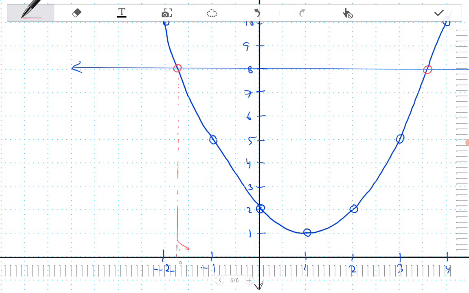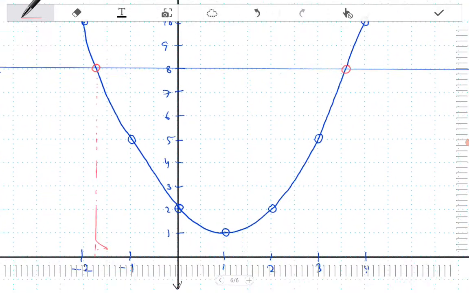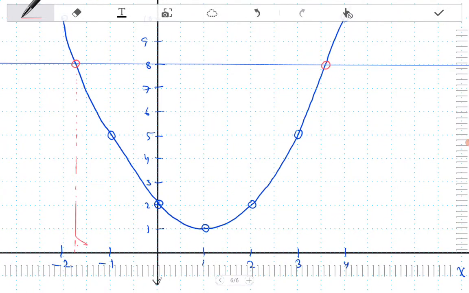It gives me some value along the x-axis at this point. Also I can do the same thing at the other point of intersection.